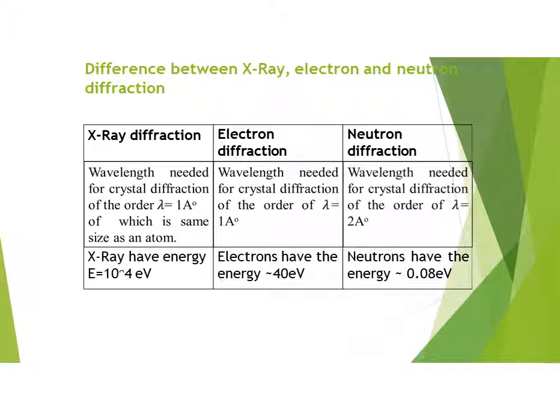All this mechanism is shown in the diagram below, where the electron gun is producing electrons of varying energy from 20 to 200 electron volts. After the production, the electron beam is directed toward the crystal, and after striking the crystal, the electrons are diffracted.